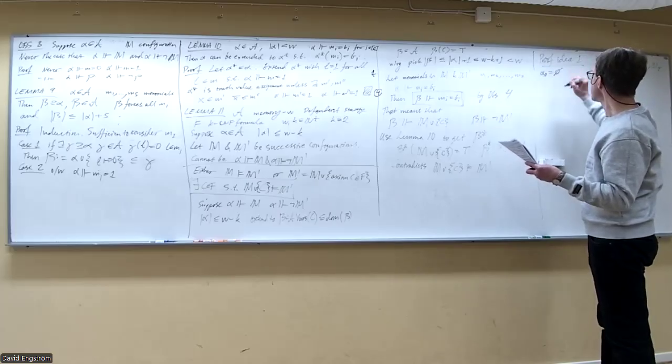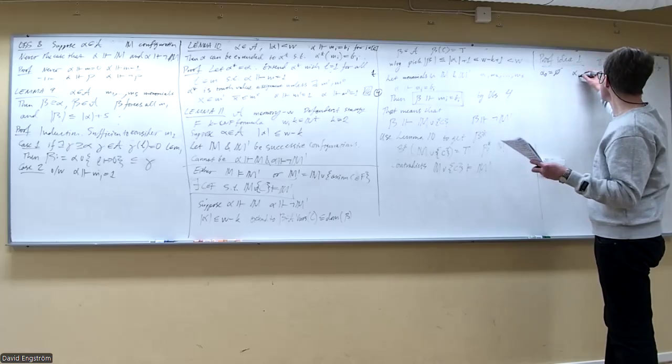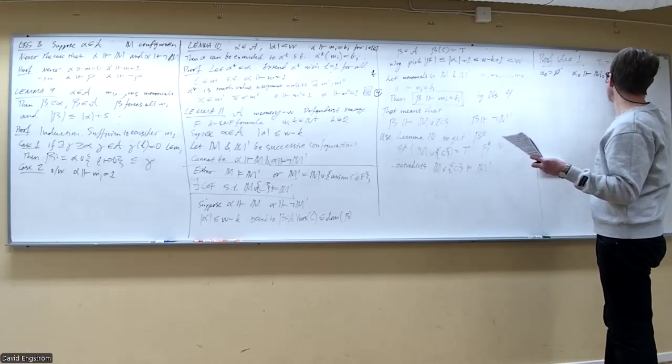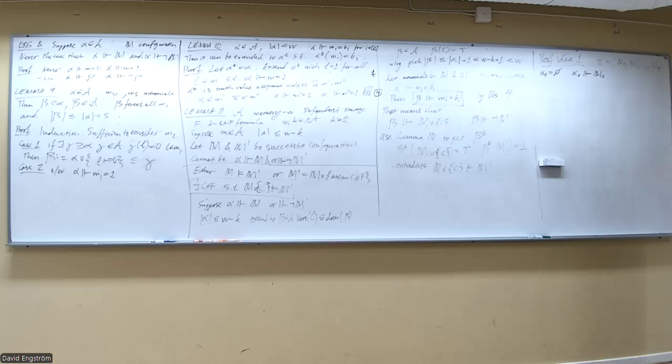Alpha 0, equal to the empty assignment, is such that alpha 0 forces M0 to true, right?